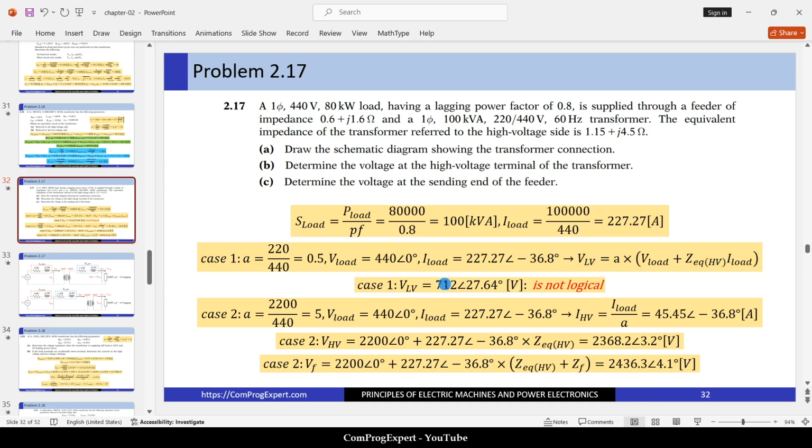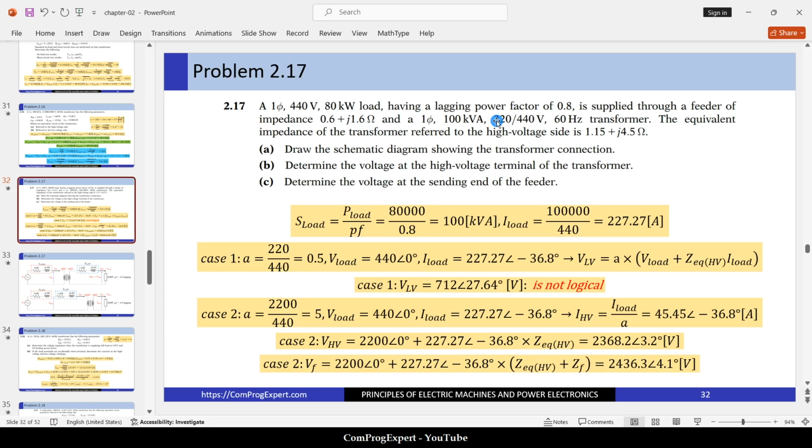But this is not logical. Yes, it's not logical because the value of the rated voltage of the primary winding is 220. So in this case, the amplitude of the voltage is much higher than the rated voltage. So in this case, we have a high amount of copper loss.